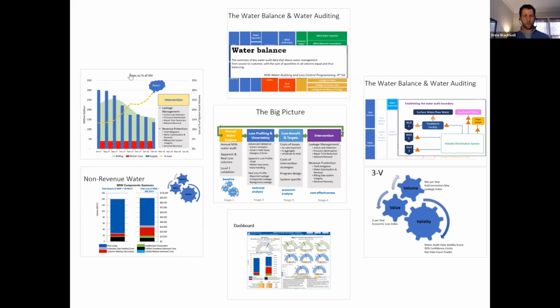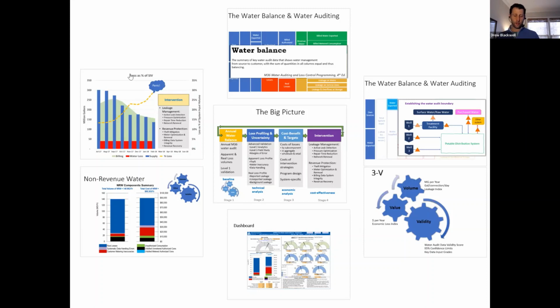Whether you're producing all of your water, whether you're purchasing some of it, or a combination of the both, maybe you're exporting some water to a neighboring community. All of those are taken under consideration, and also understanding the makeup of the meter placement to ensure that we're starting our water audit boundary at the most appropriate place per the M36 methodology.